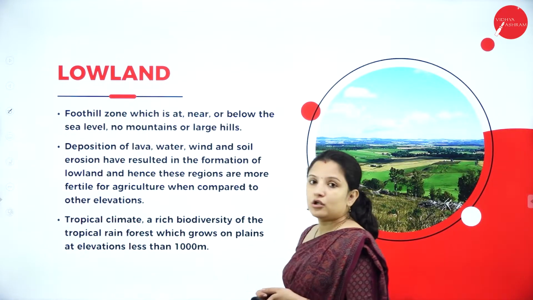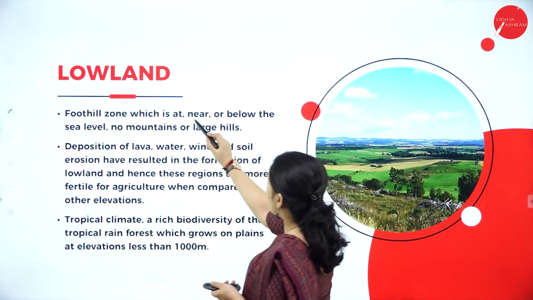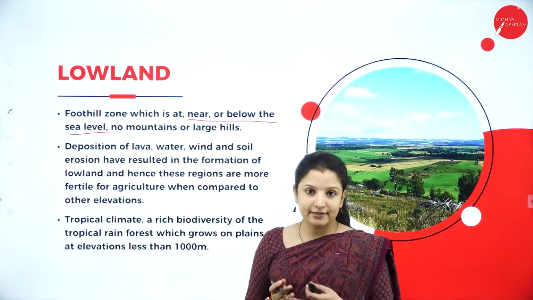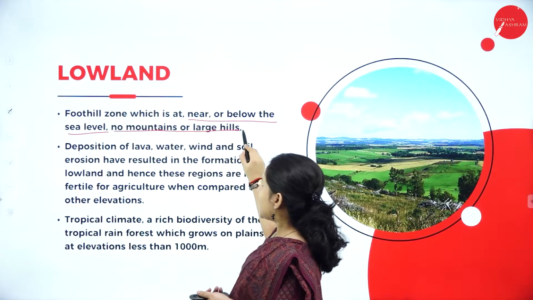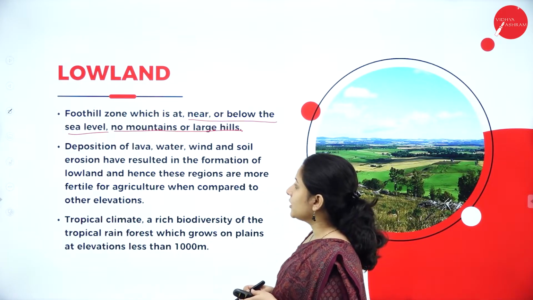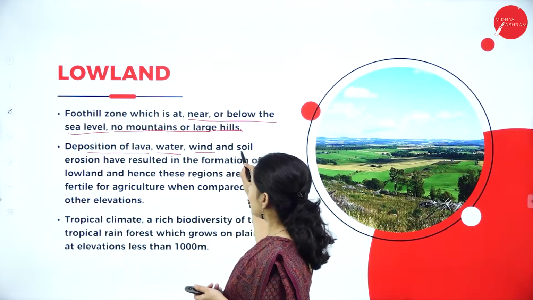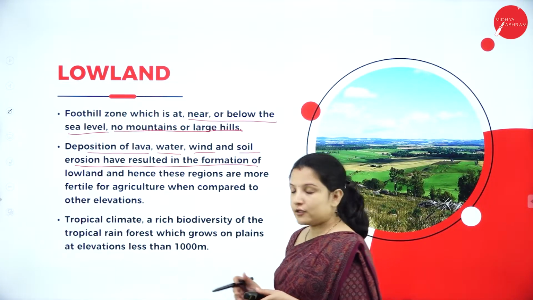Talking about lowland, the lowland zone is actually near or below the sea level. We all are living in the lowland zone, right? There are no mountains or large hills in this zone, and the deposition of lava, water, wind and soil erosion have resulted in the formation of lowland.